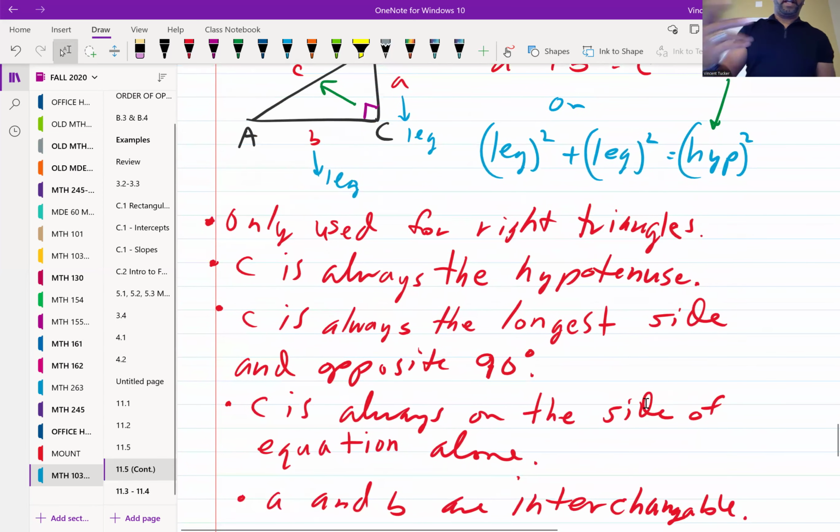And the last two statements, once again, I've already said that. C is always on one side of the equation by itself, and then A and B are interchangeable.